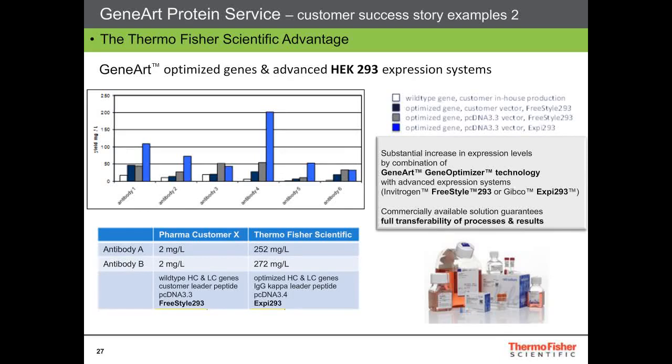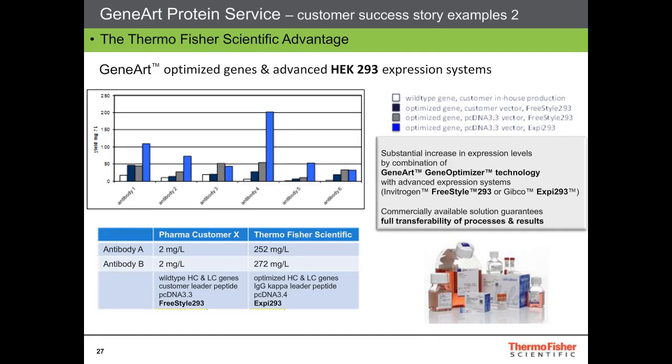Another example, and this is actually now a customer example which was done here in-house at GeneArt using our gene-to-protein service, and the customer used HEK293 systems. So if we start with the example in the table on the lower left, the customer came to us and requested the production of 2 different antibodies where, when he produced them in-house, he got poor titers of only approximately 2 mg per liter.